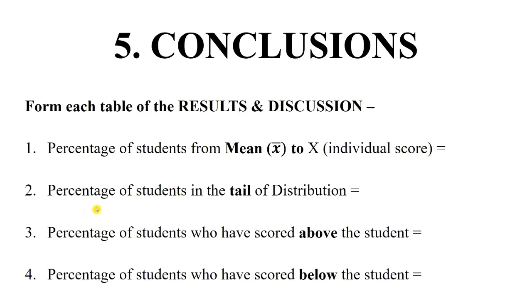Write the answer over here. Then the percentage of students in the tail of the distribution, the percentage of students who have scored above the student, and the percentage of students who have scored below the student. You will write these things 4 times because there are a total of 4 tables in the results and discussion. So for each student, you have to fill in the information for all these questions. That will be the conclusion of the project.